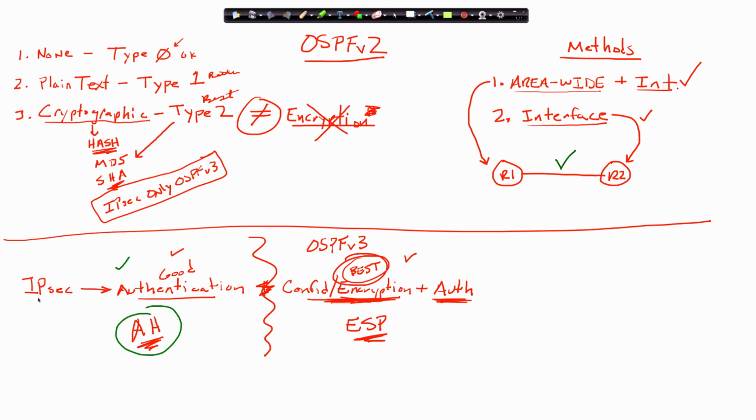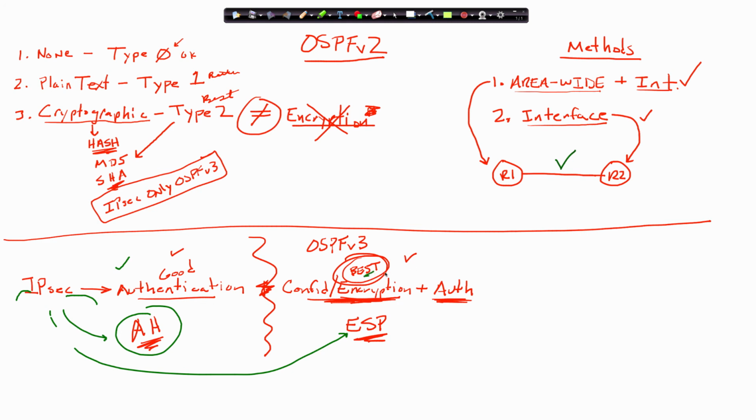Still IPsec, it's that umbrella that we talked about. It's under that umbrella that you find AH and that you find ESP. And so you can do it with just authentication if you'd like, but that doesn't truly protect you, right? It does add additional protection, but you can still see the OSPF header information as well as the packet type information, the payload information.